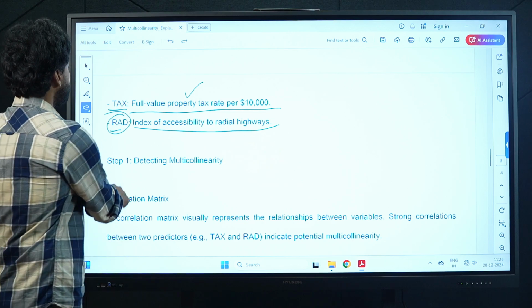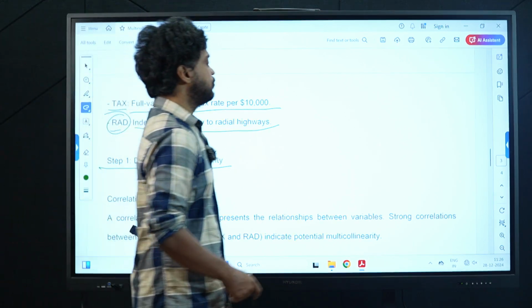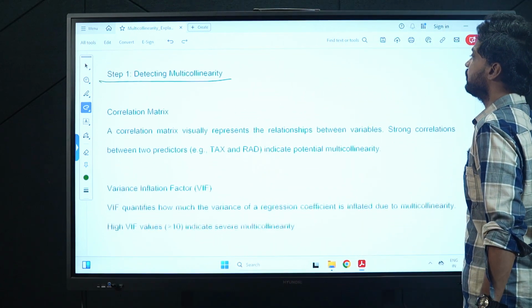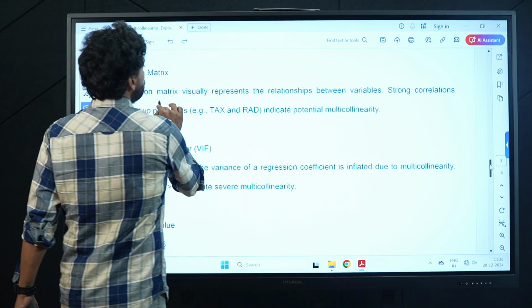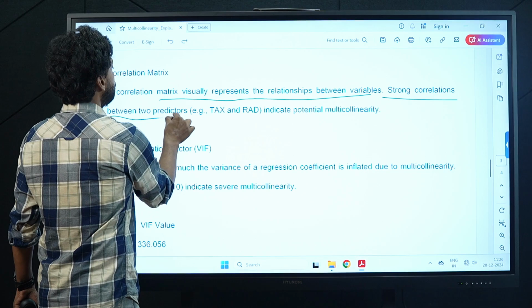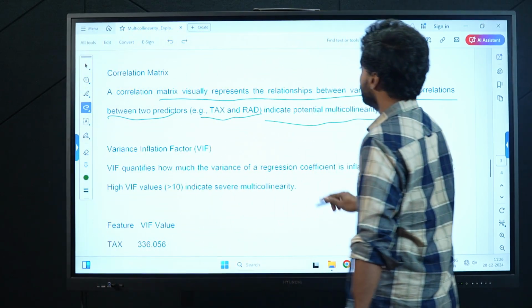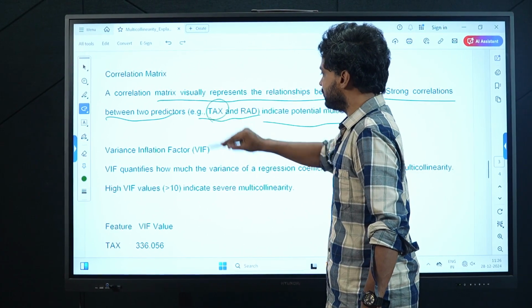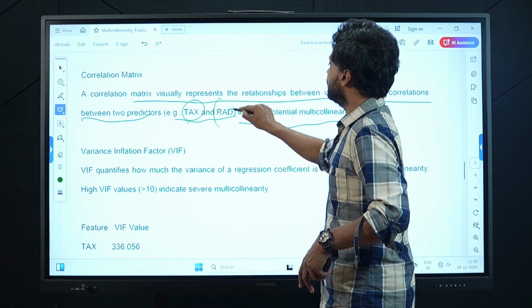Step 1, detecting multicollinearity. How will we detect multicollinearity? Let us go for the correlation matrix. A correlation matrix visually represents the relationship between the variables. Strong correlation between two predictors, TAX and RAD, indicates potential multicollinearity. What is RAD?